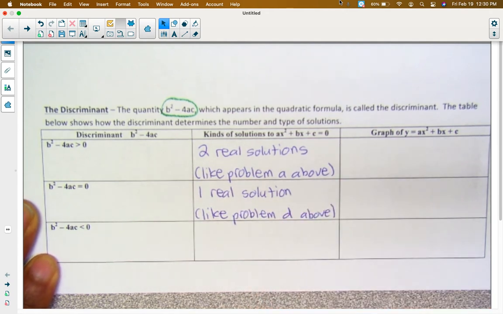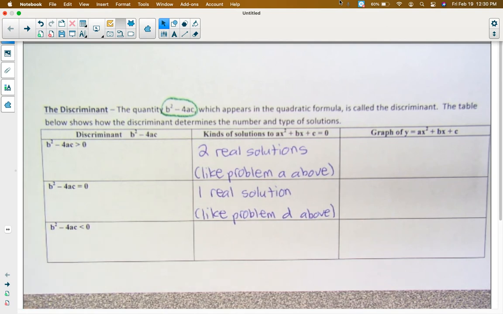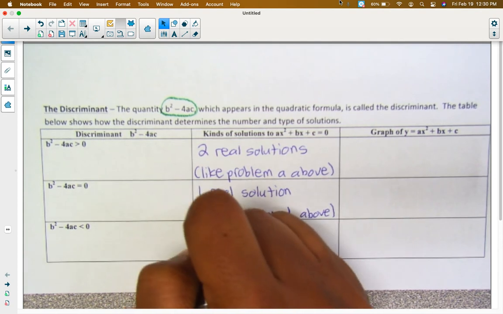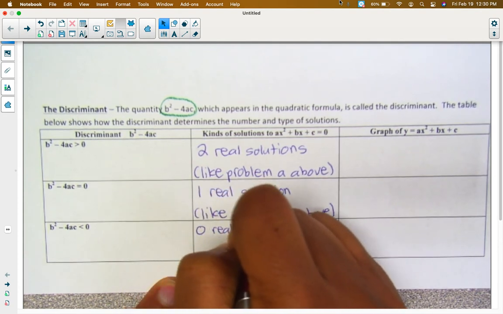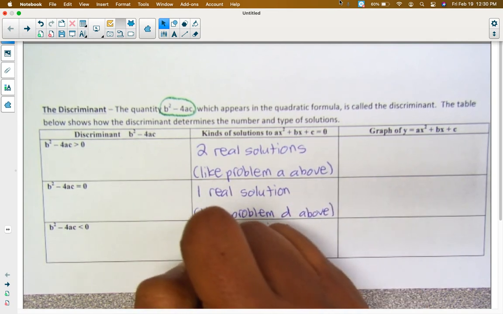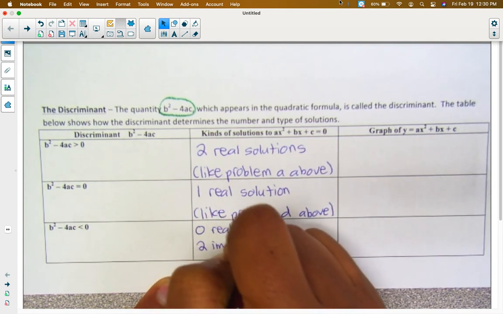And the last case that we could have, if this number is less than 0, you have 2 imaginary solutions. So you have 0 real solutions, 2 imaginary solutions.